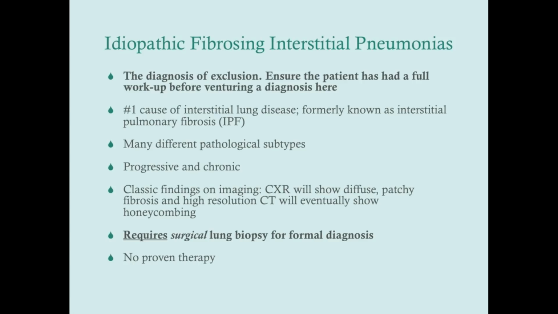So surgical biopsy tends to be your last step. If you've got this patient that's got interstitial lung disease, but you have no idea what it is, and you've done everything, and you've looked for everything, surgical lung biopsy will help you make your formal diagnosis. But we try to avoid that because it's an invasive test.